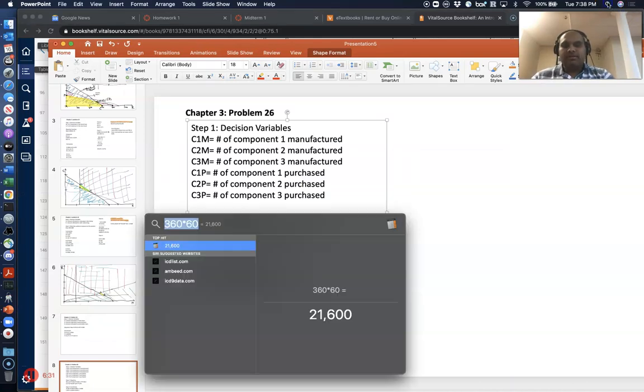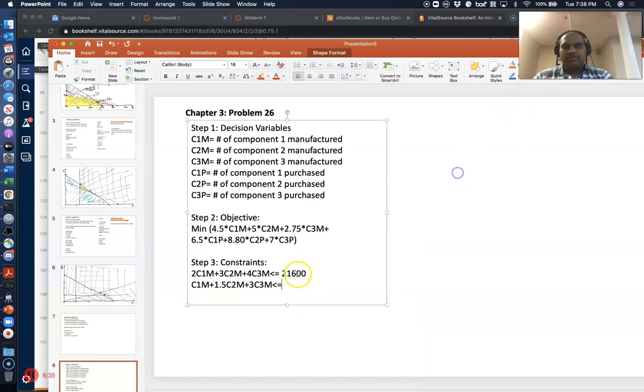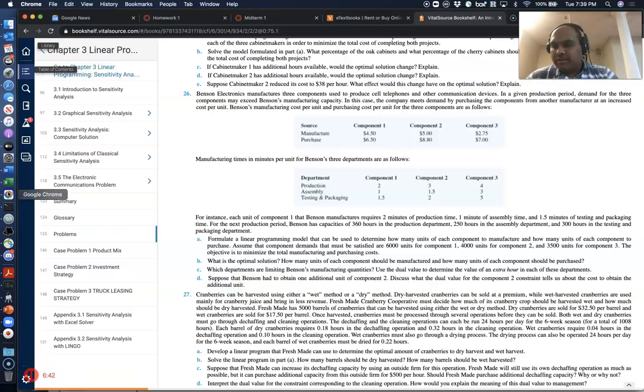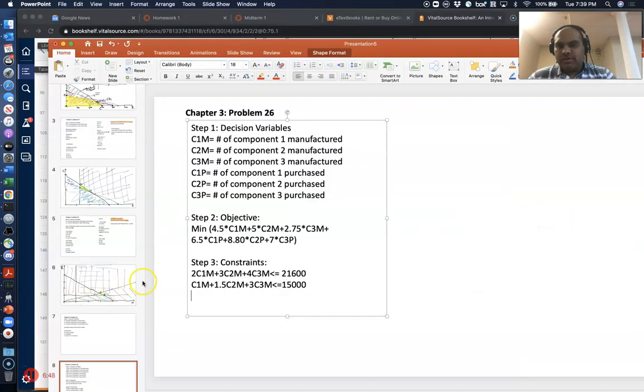So it's 250 hours times 60, which is 15,000 minutes, right? And finally, testing and packaging: 1.5, 2, and 5, and 300 hours.